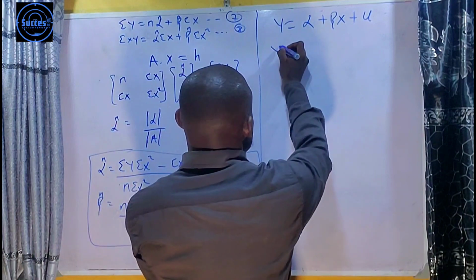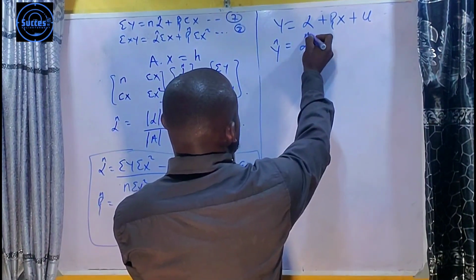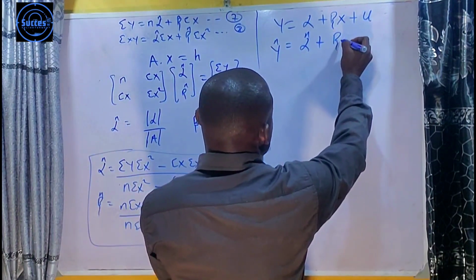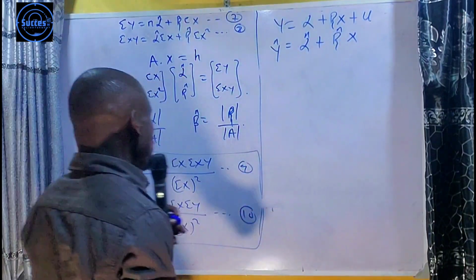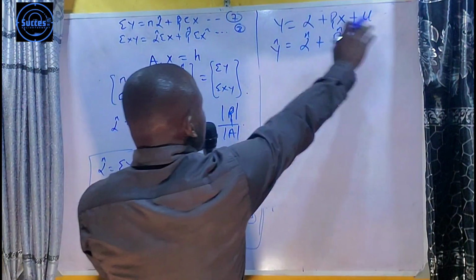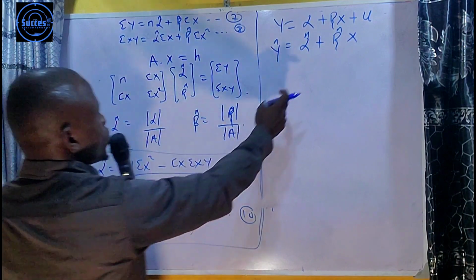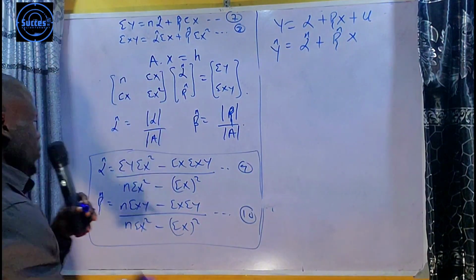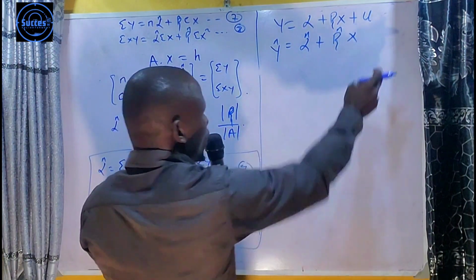And we said our y cap equals alpha cap plus beta cap x. So now, from here, this is what we are given.